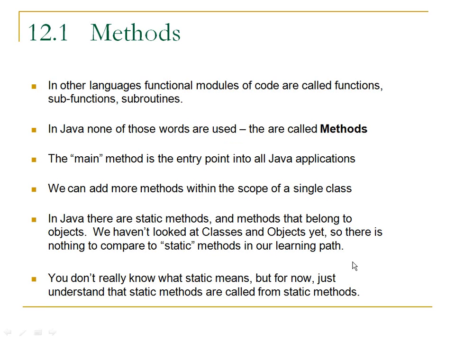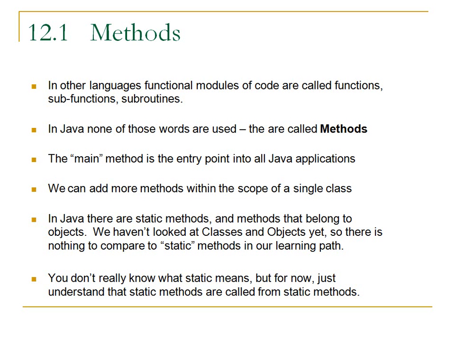So let's talk about methods in general, what they are. In other languages, when you divide up your code into modules, you might call them functions or subfunctions or subroutines. None of those words are used in Java. We're going to call them all methods.